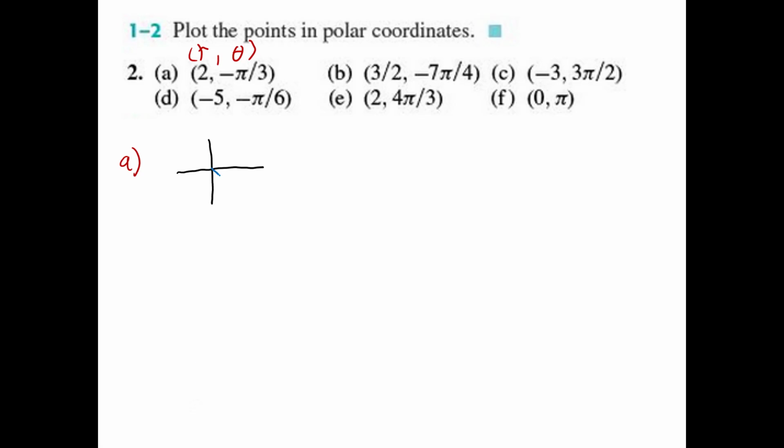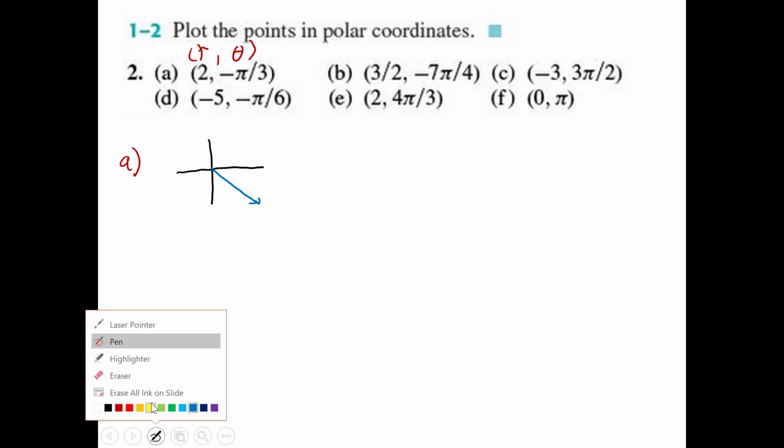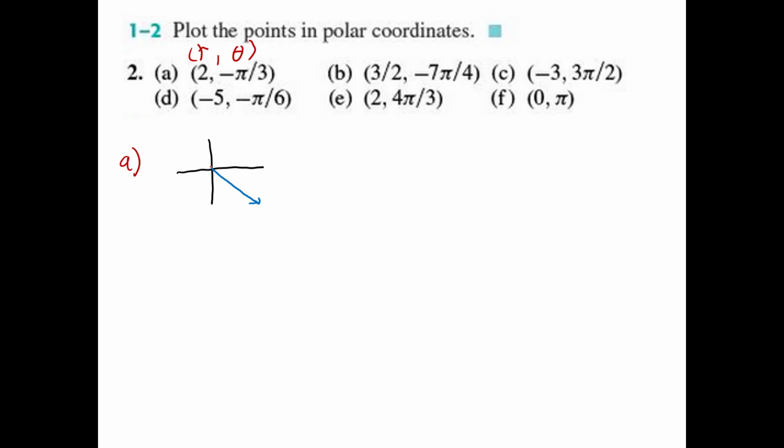And so the positive x-axis ends up over here. The negative x-axis ends up over here. And since your r value is 2, you're going to walk 2 units in the positive direction. 1, 2.